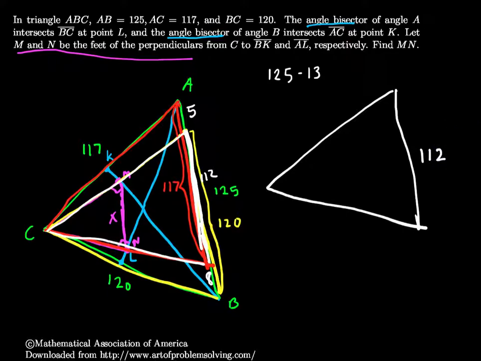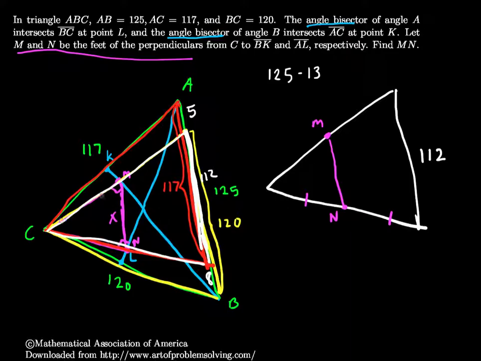In addition to that, I'm looking for the length of MN. Because of the way isosceles triangles work, here I have this perpendicular bisector, which means that those two segments are congruent.